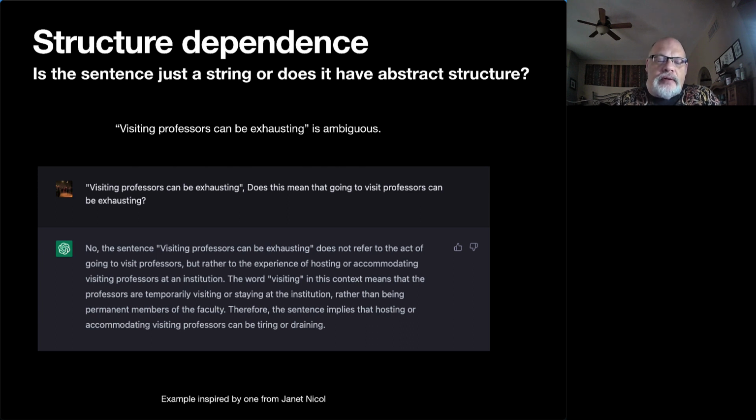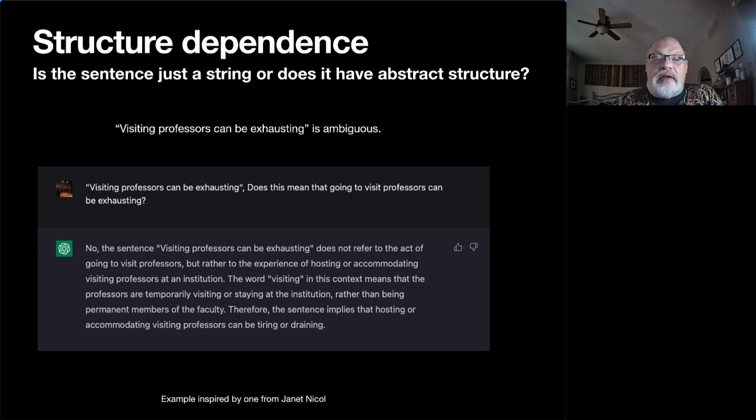Now, the second meaning of this sentence is that when you have someone visiting you who's a professor, they can exhaust you. So one meaning is where I go and visit a bunch of professors, that's exhausting. And the other one is where those professors happen to be visiting me, they can be exhausting to me.